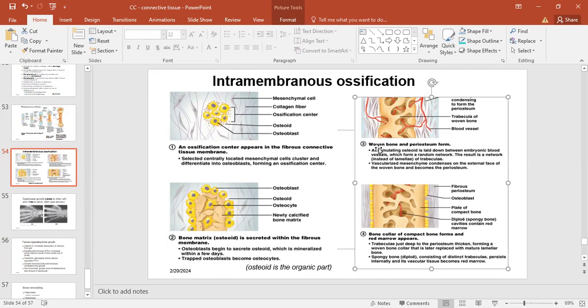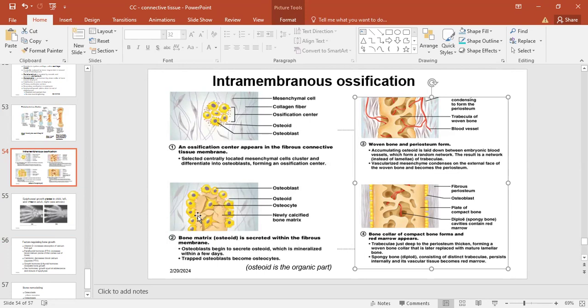Once there is deposition of osteoid, this area is selected centrally, and the mesenchymal cells cluster and differentiate into osteoblasts, forming an ossification center right in the middle of the membrane. So the bone matrix, which is the osteoid, is secreted within the fibrous membrane.